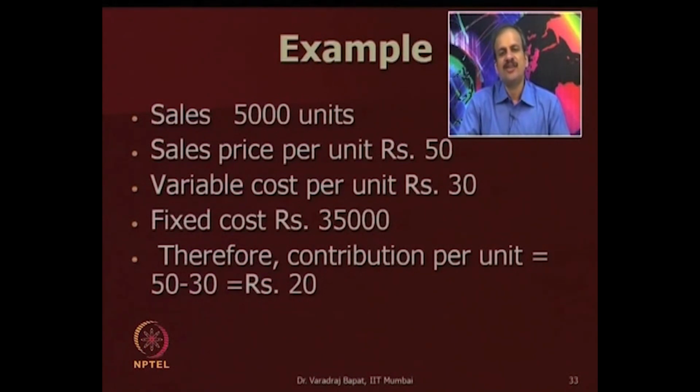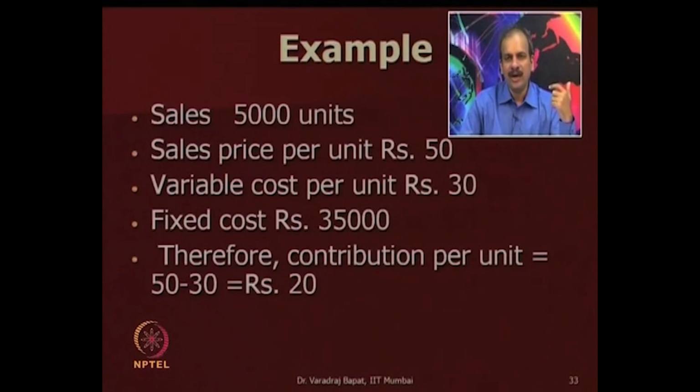Using this information, we have to calculate the break-even point. First step is to compute the contribution per unit, which is 50 minus 30, so 20. So, in other words, when I sell a product for 50 rupees, the variable cost is 30. So after selling every product at 50, I make a margin of 20.